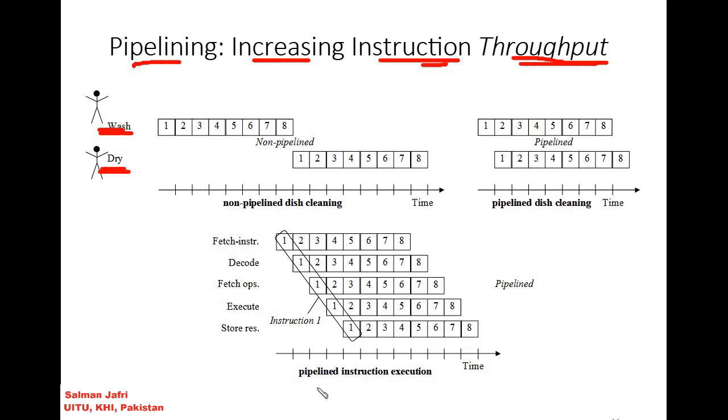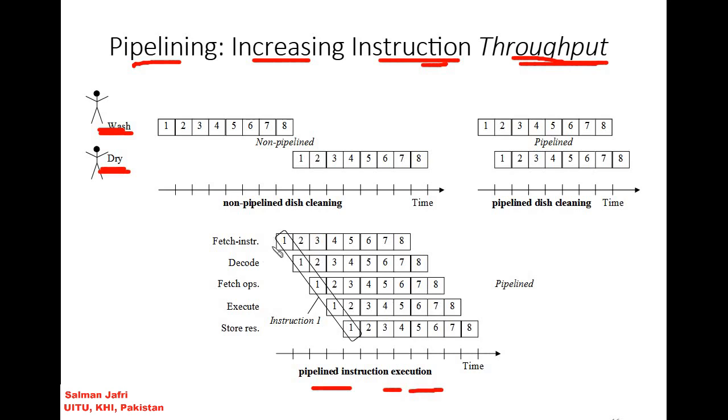On the other hand, we can have pipelined instruction execution, and this is basically a space-time diagram that has been shown. So this is the first phase, this is the second phase of instruction, third phase, fourth phase, and fifth phase. These are the stages: stage 1, stage 2, stage 3, stage 4, and stage 5.